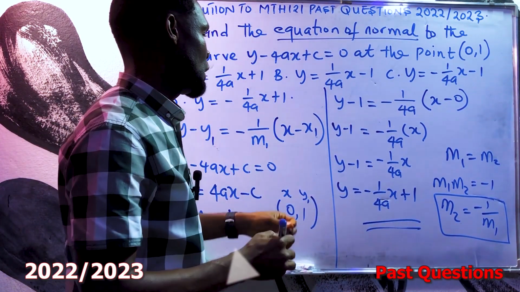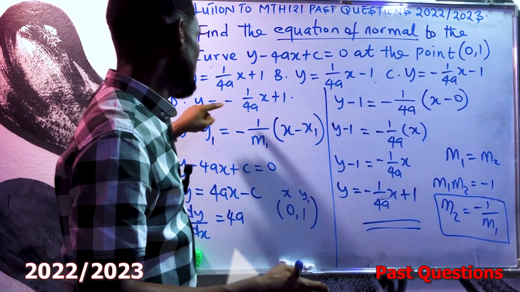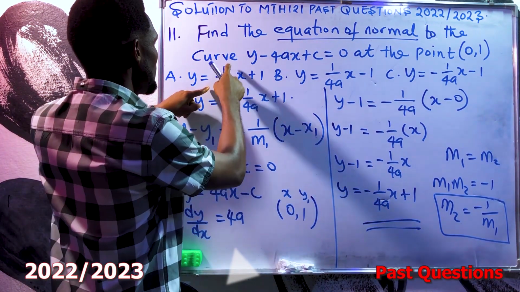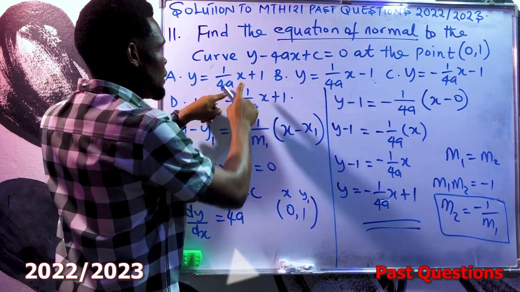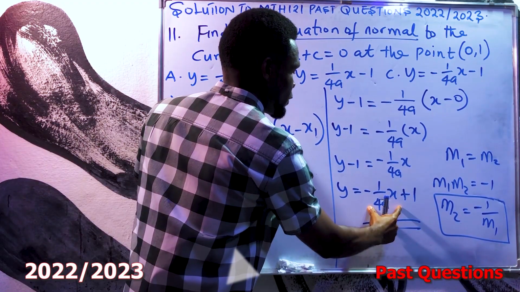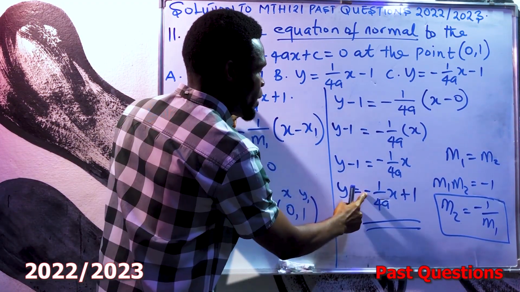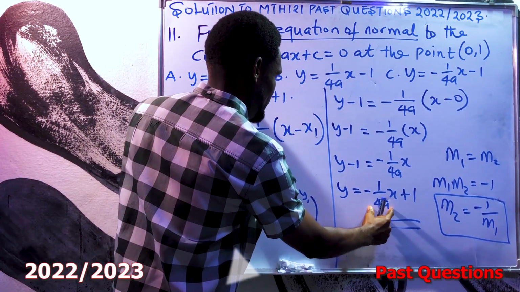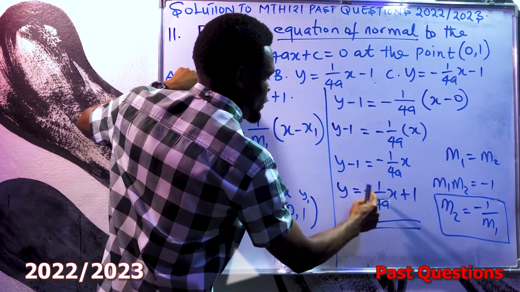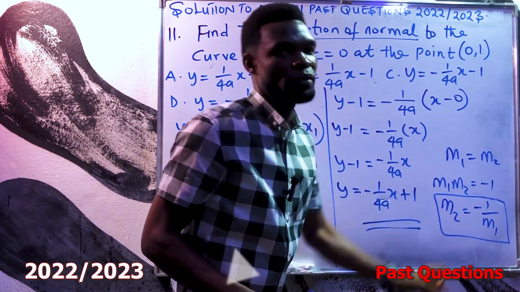So we're looking for the equation that is normal to this curve. You can see the curve's slope was 4a, then the equation of the normal tells us that the slope m2 is minus 1 over 4a, which is minus 1 over m1.